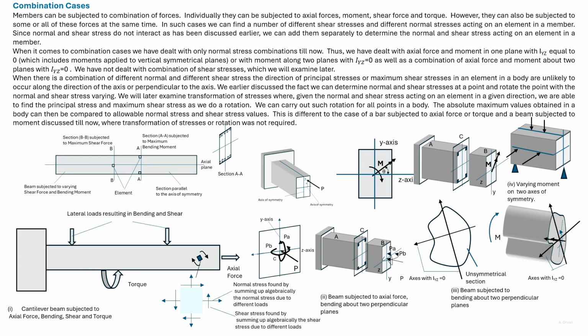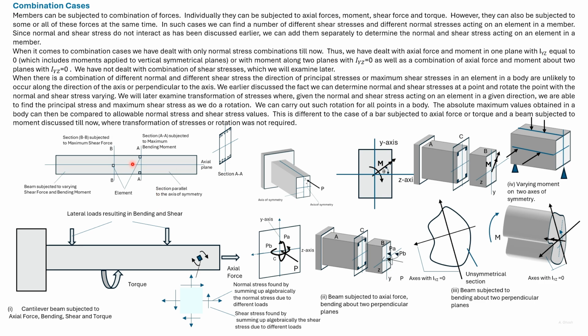Till now, we have looked at individual cases, not combination cases. Absolute maximum stress found for these individual cases is generally not at a given point. Consider the bending moment case. We earlier mentioned that the maximum bending moment was at AA.